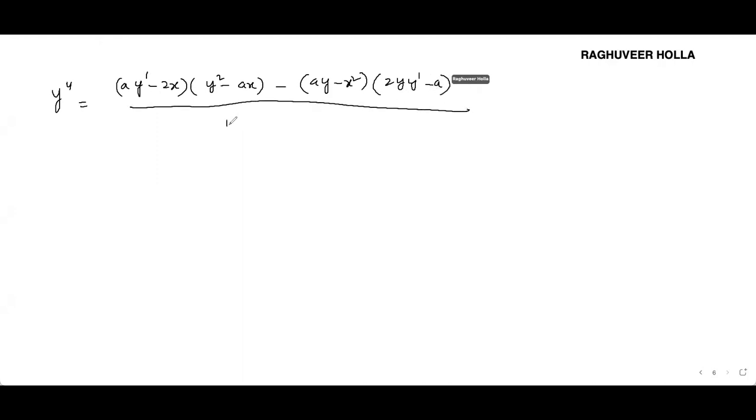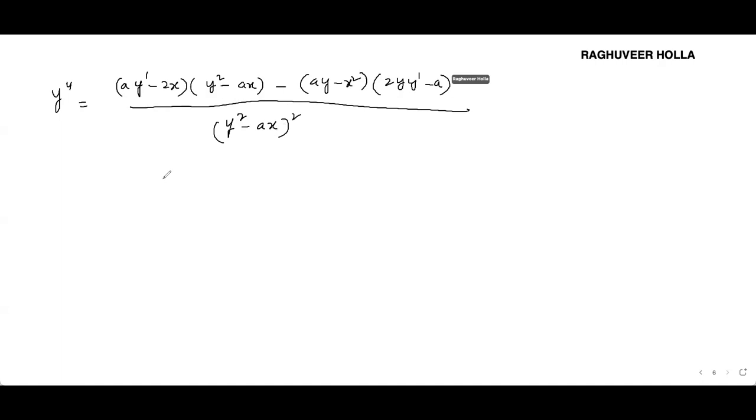So y double dash is equal to a into y dash minus 2x into y square minus ax, minus ay minus x square into 2y y dash minus a. This divided by y square minus ax whole square. Okay. Now we got y dash and y double dash.